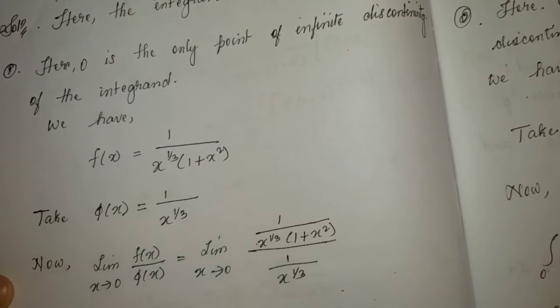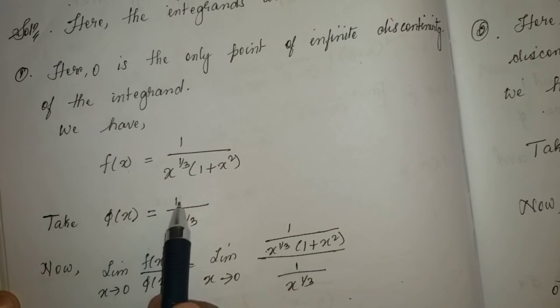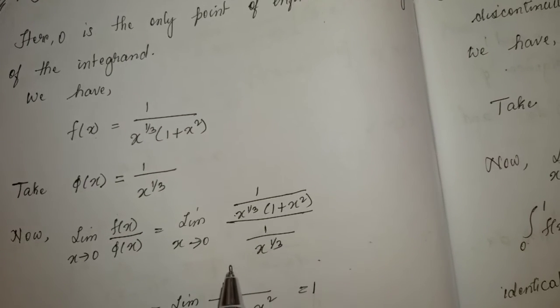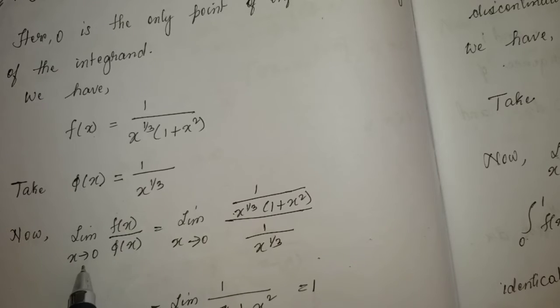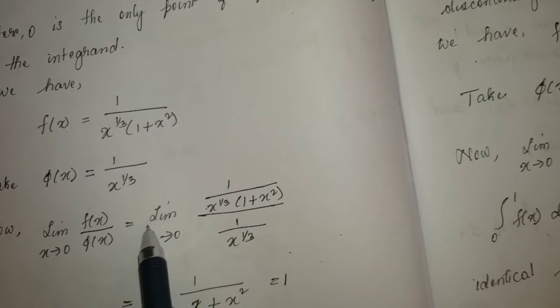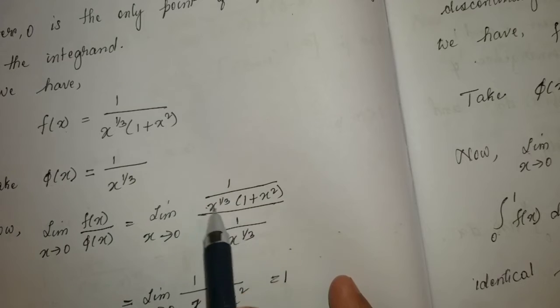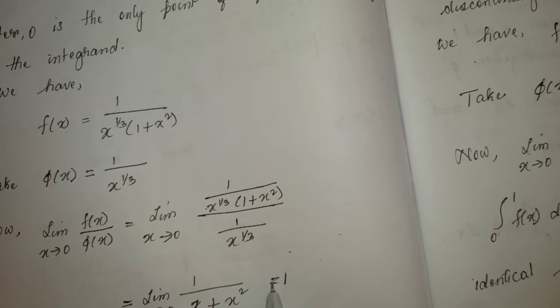Now if you take phi of x to be 1 by x to the power 1 by 3, what will you have? You find out the limit of f of x by phi of x as x tends to that point of infinite discontinuity. Then you substitute the value of f of x and the value of phi of x, and you get the limit to be equal to 1.